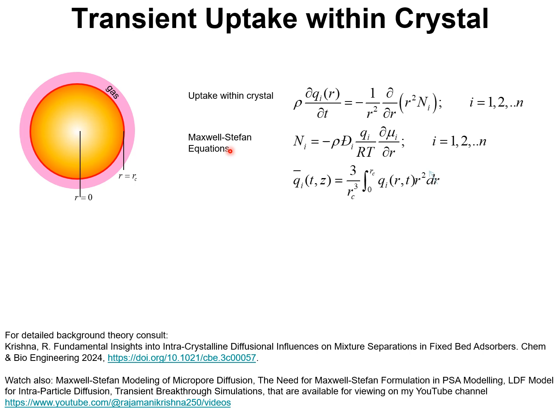Otherwise, the essential features of kinetic separations are not properly captured. The solution to the partial differential equations describing transient uptake allows us to determine the average component loadings at any position z and time t.